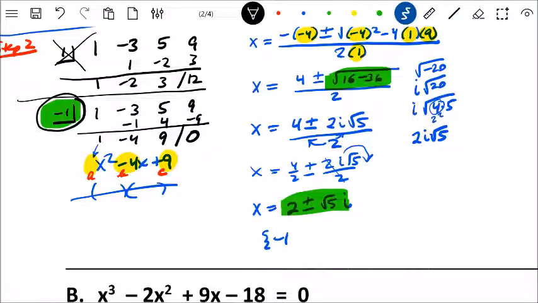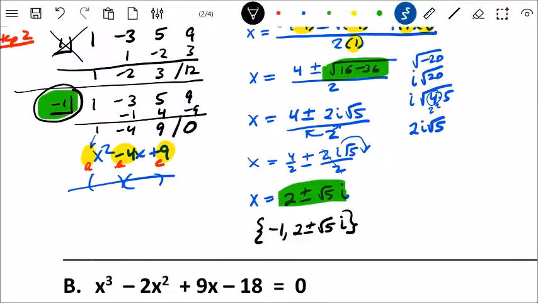So I have -1, and I have 2 plus or minus square root of 5i. And this is 1 real and 2 imaginary solutions.